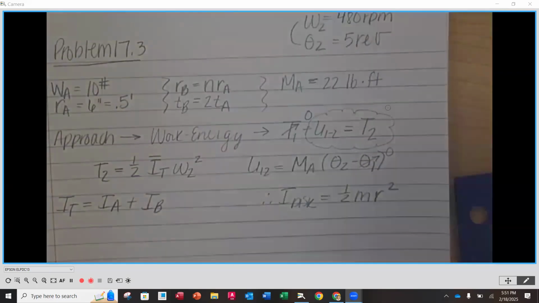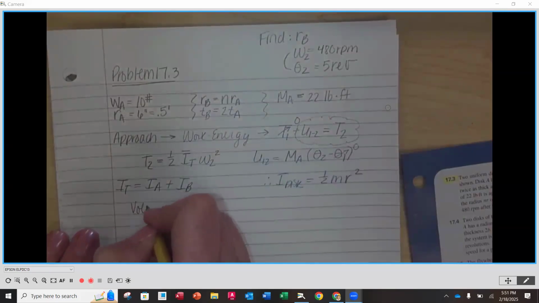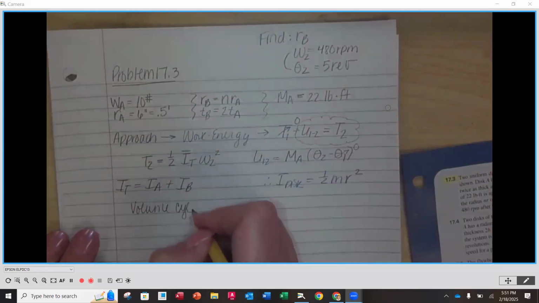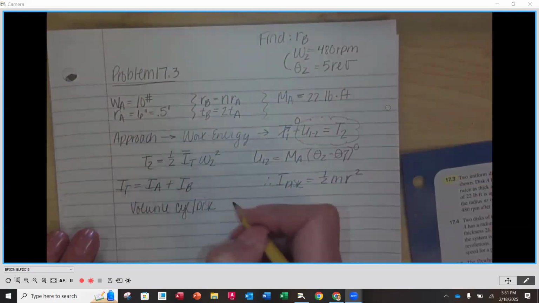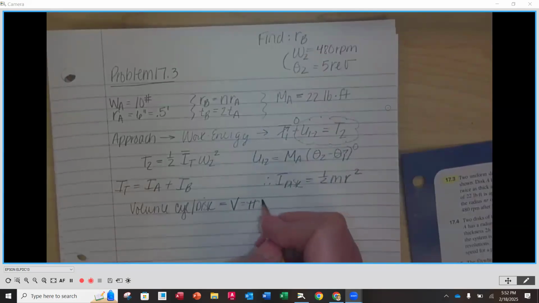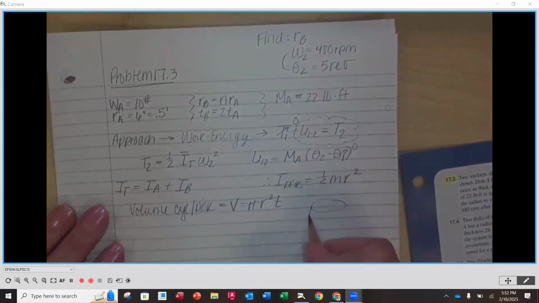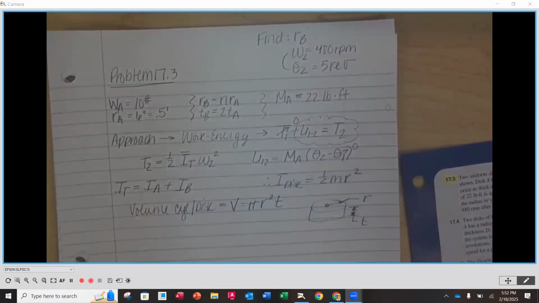So, for instance, we know that the volume of a cylinder or a disk, solid disk, is going to be equal to capital V, which is pi r squared times thickness, okay, or height. You see it as height, but in our case, that height is the thickness dimension of our disk, okay? So if we look at our disk, okay, center of it, this is going to be our radius, and then this dimension right here is going to be that thickness. I can see that. There we go. Okay.